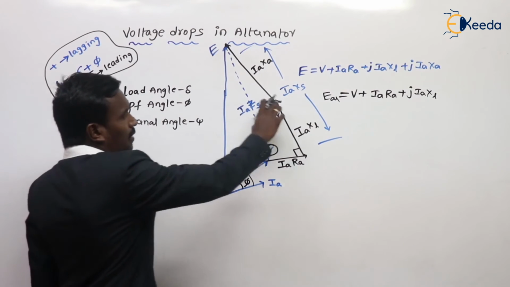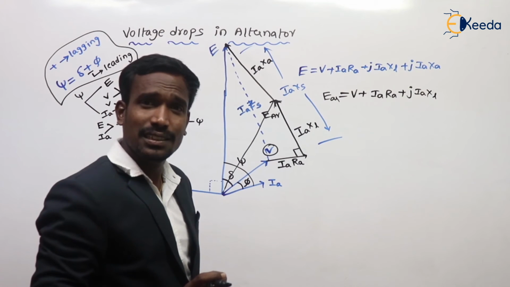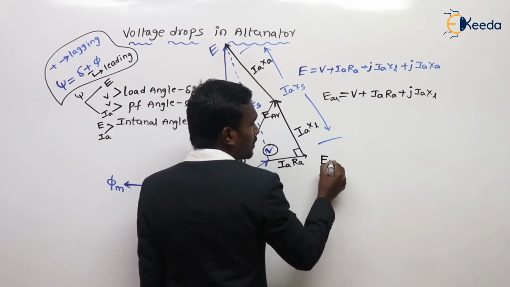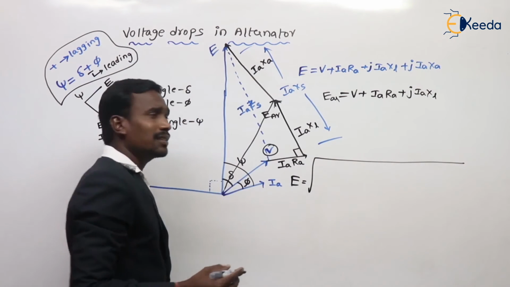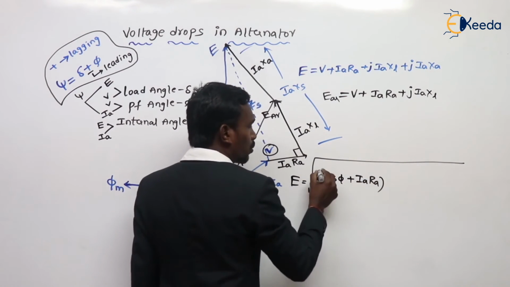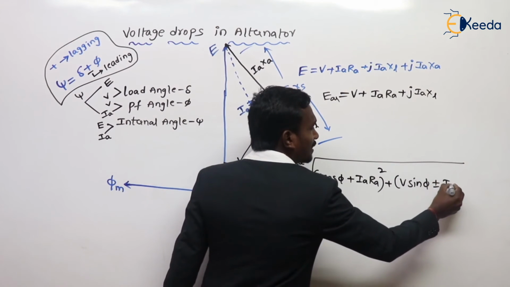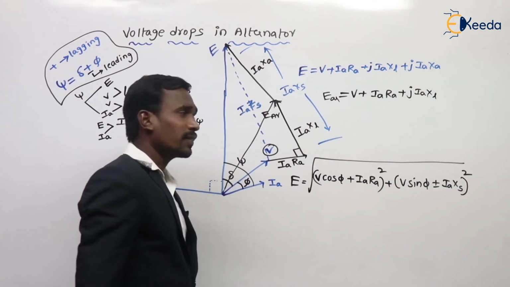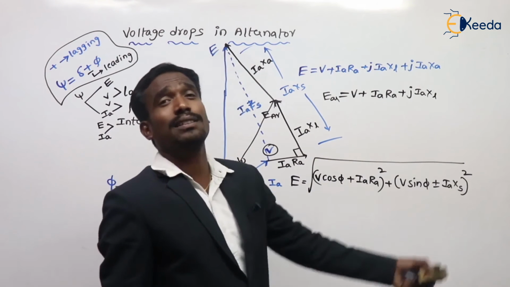And here finally, from the analysis of this vector diagram, if you calculate EMF E, this EMF E is equal to the square root of (V cos phi plus IaRa) whole square plus (V sin phi plus or minus IaXs) whole square.